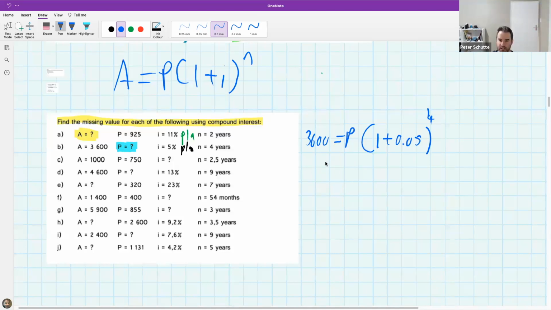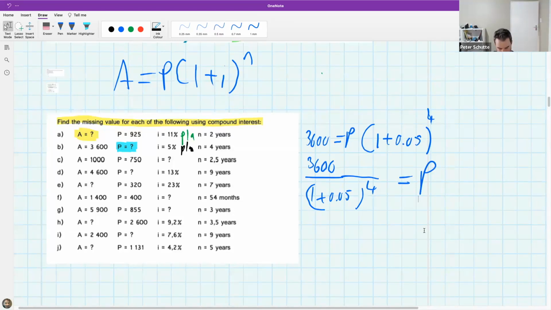Now, what some people like to do is they say, look, I can move this whole thing to the other side and just say 3,600 divided by that gives me P. So I'm going to use my calculator.